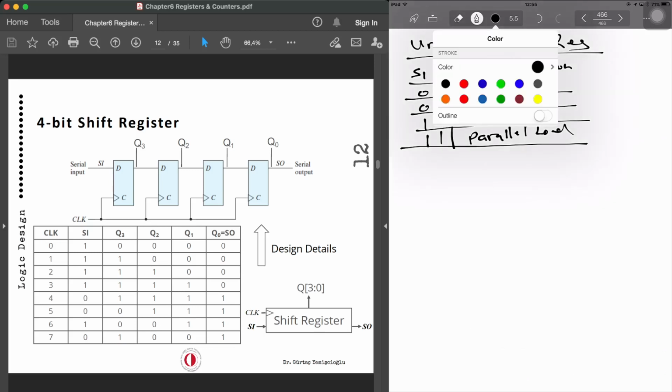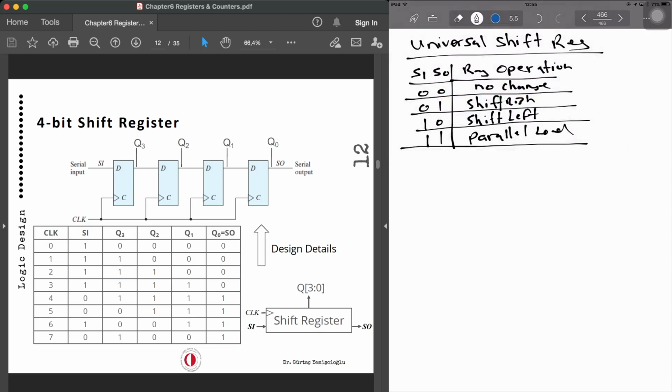So let's say I'll have 4-to-1 multiplexers, 4 of those. I hope I can fit everything here. And the outputs are going to be connected to the inputs of the flip-flops.